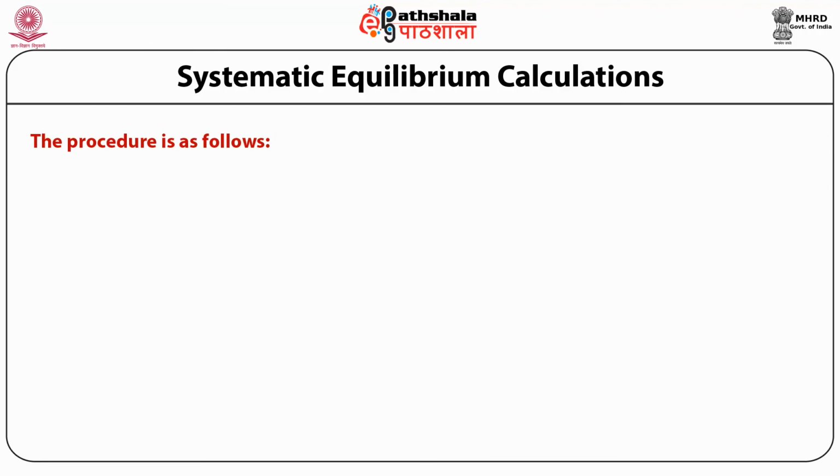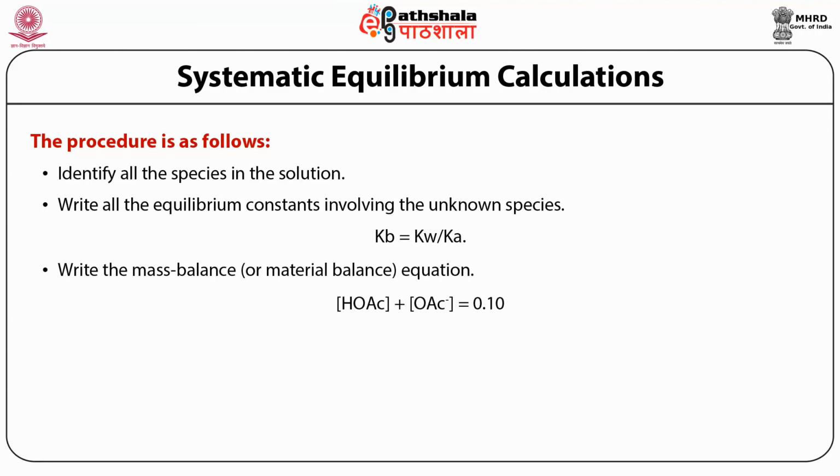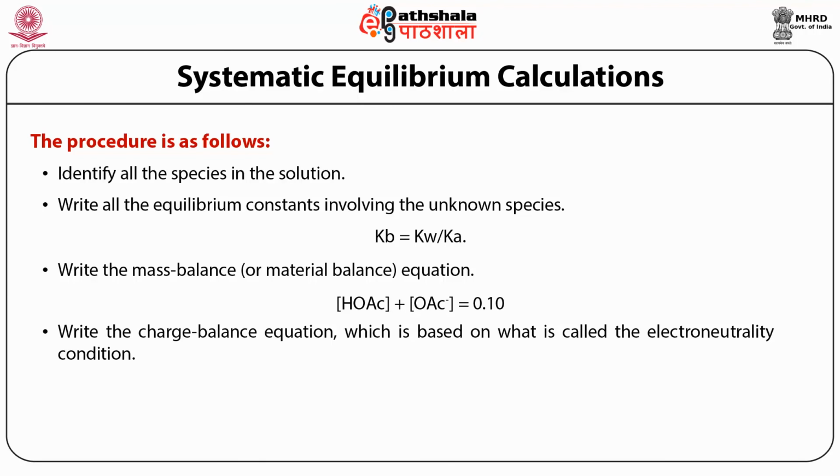The steps of the procedure include: identify all the species in the solution, then write all the equilibrium constants involving the unknown species, then write the mass balance or material balance equation, then write the charge balance equation, which is based on what is called the electroneutrality condition.